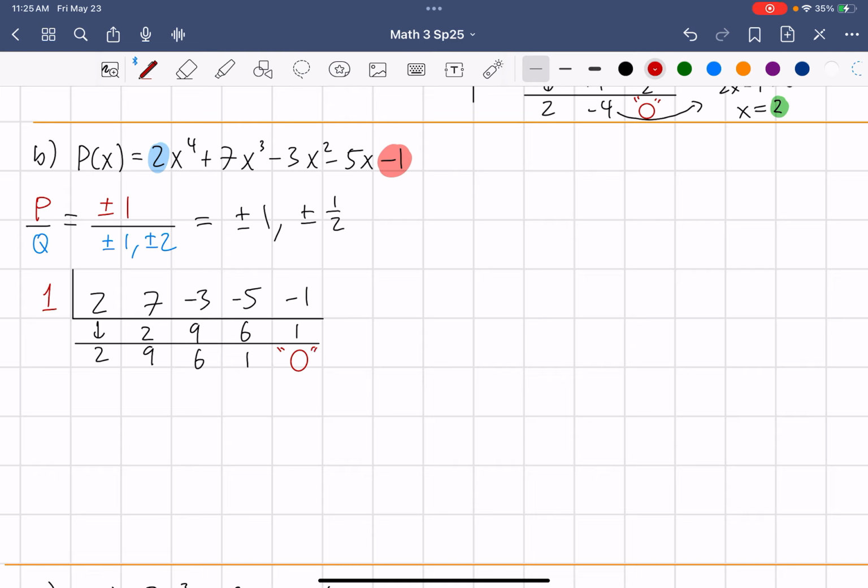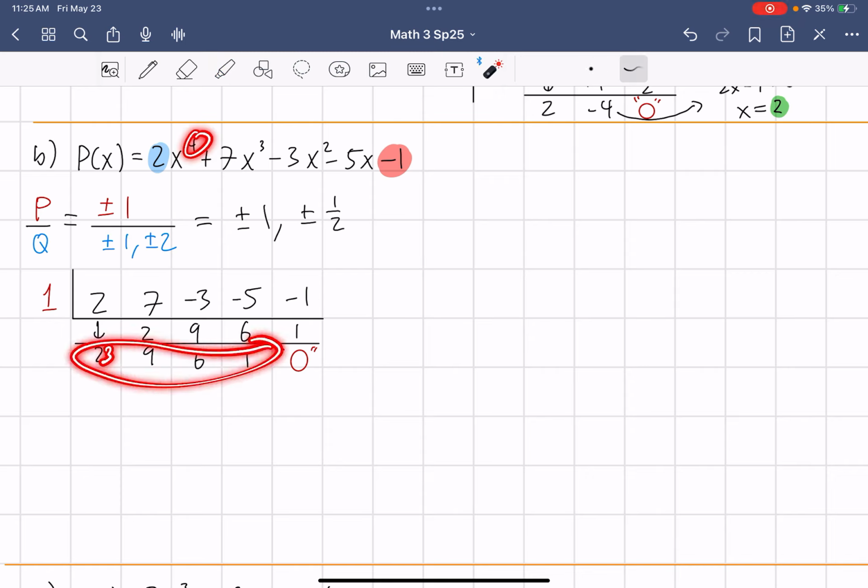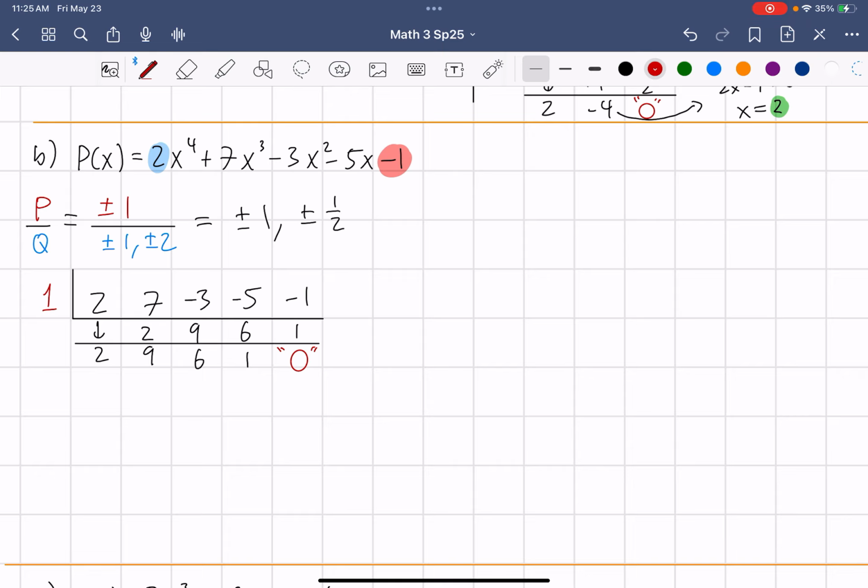Perfect. And just because 1 worked doesn't mean it can't work again. But we went from a power of 4 to a power of 3. Remember, I like to stop at a quadratic. So let's keep going with this new polynomial.